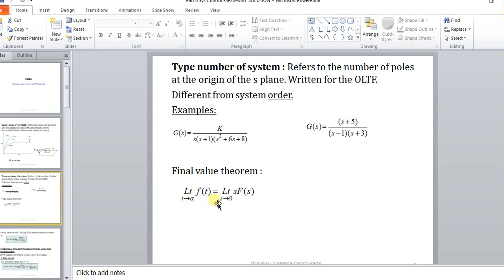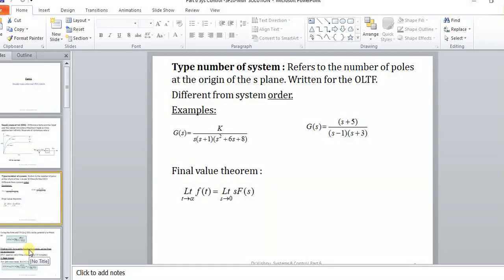It is similar to taking the Laplace of that function, multiplying with s, that is sF(s), and then letting s tend to 0. It's like saying time going to infinity is similar to s going to 0 for this function.